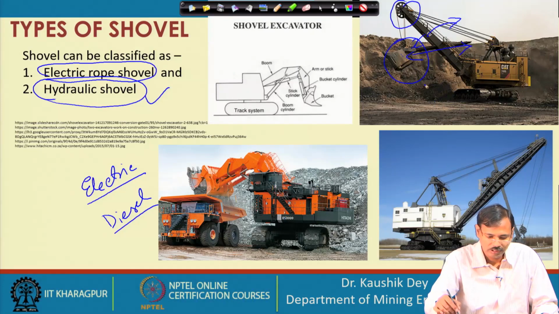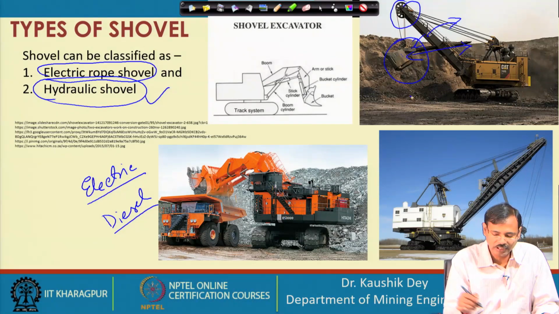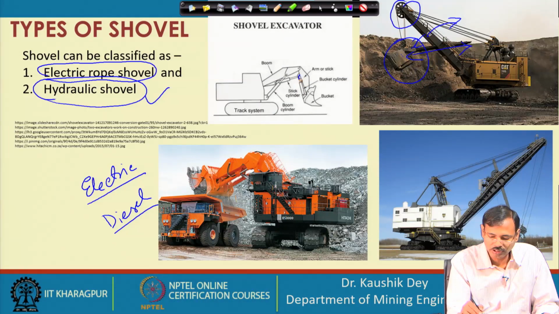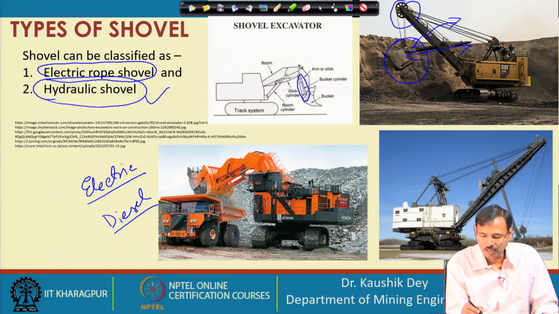That is why the rope shovel is a mechanically driven one, but in the hydraulic shovel, hydraulic cylinders are used. You can see this is the bucket cylinder, this is the stick cylinder and this is the boom cylinder. So, these three cylinders are used.